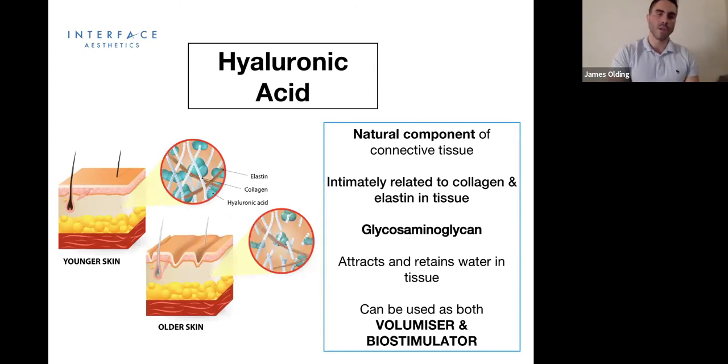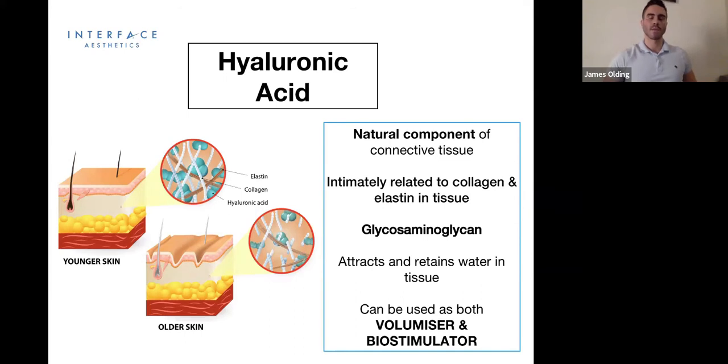So I'm going to focus on hyaluronic acid because it's the one that's used by 95% of people in consultations, etc. This is a natural component of connective tissue. It's a glycosaminoglycan, and it's important in that it's intimately related to collagen and elastin in tissue.